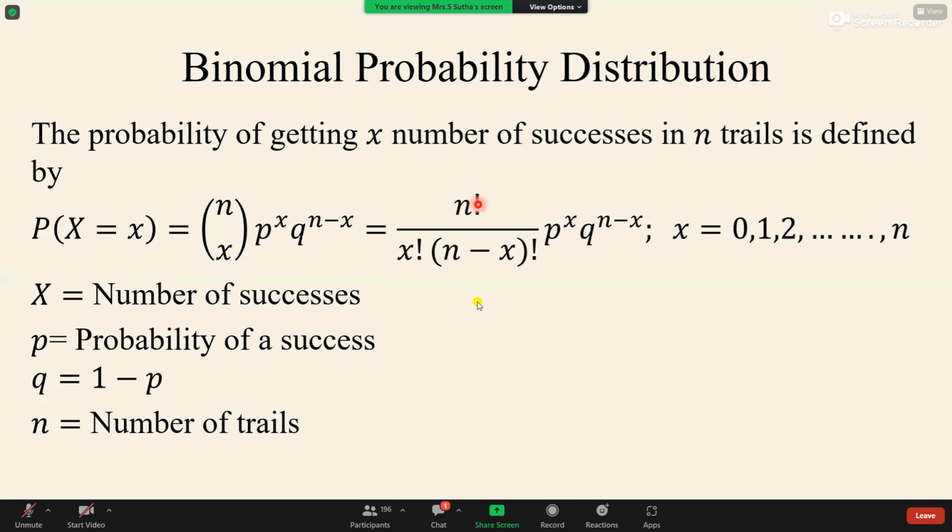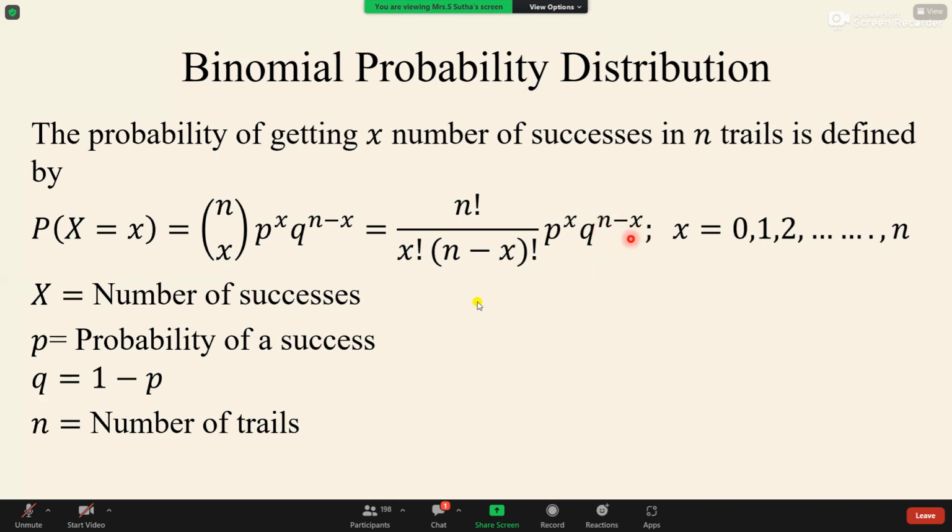This notation, we read it as factorial, right? In the probability distribution, this exclamation mark denotes the factorial. So it is n factorial divided by x factorial into n minus x factorial, into p to the power x into q to the power n minus x.